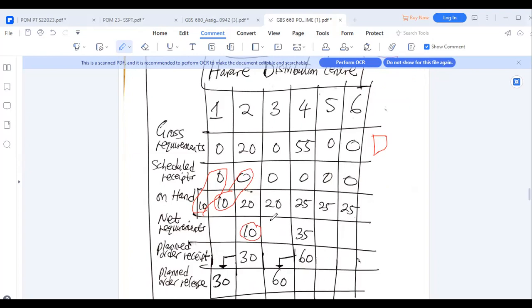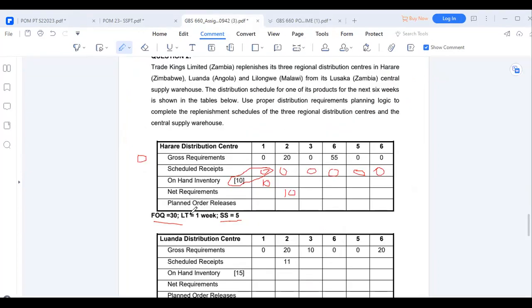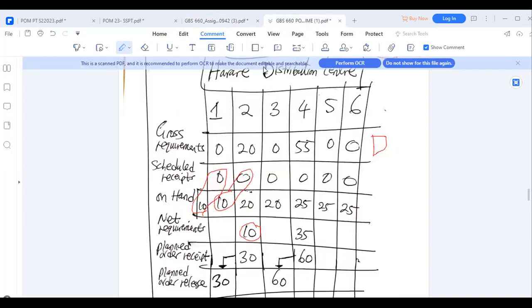Now, what have they told us to do? They've told us that whenever you have a shortage to meet the demand, you need to order a fixed amount of units. In this case, you need to order a fixed 30 units, regardless of the demand units. So what happens when you order the fixed 30 units?